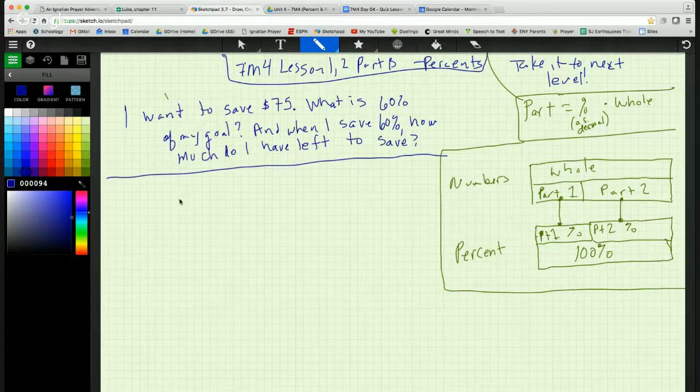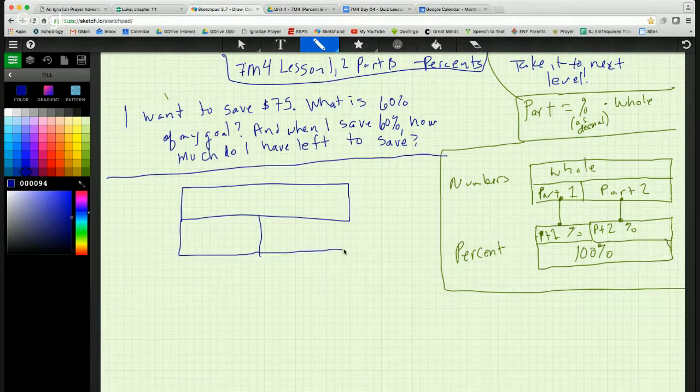So watch what I do. We're going to make that exact same thing. We're going to use this a lot. It doesn't matter how big these boxes are, but these boxes should be about the same size because these two are going to connect and these two are going to connect.